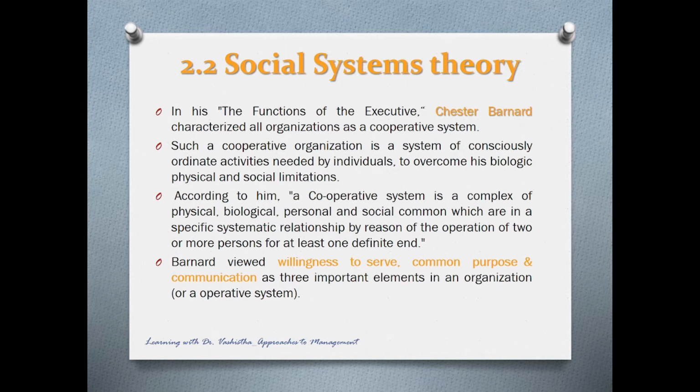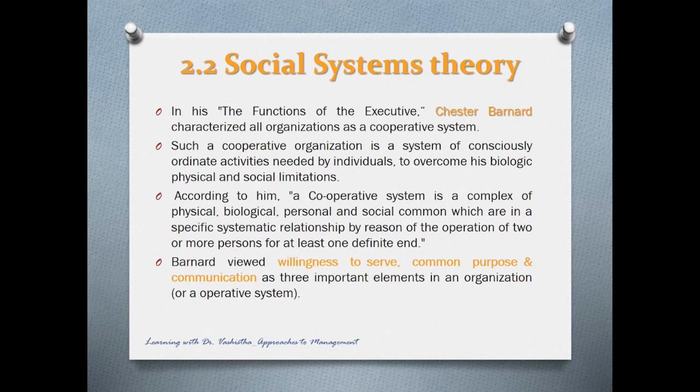So there are several factors, including the physical, biological, personal, and of course the social factors, that can affect the systematic relationship among two or more people working for any particular goal or aim in a system. It's a kind of system that includes individuals with different perceptions and different needs, all working for a definite goal.